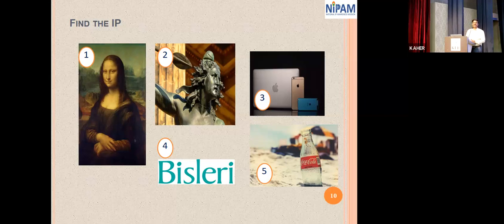I want to hear from them, sir. Anyone, which type of IP have you painted? Mona Lisa painting, beautiful painting. Copyright, very good. So second, it's a statue which you have created. Very good. Which IP will you own?